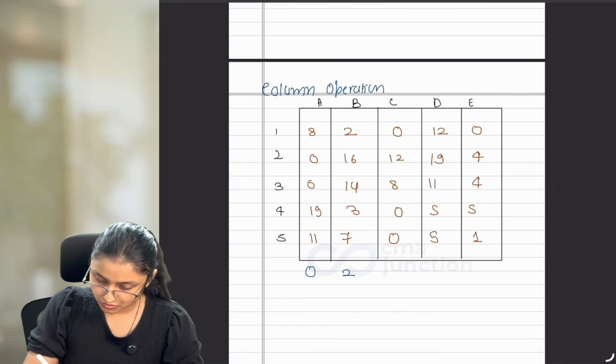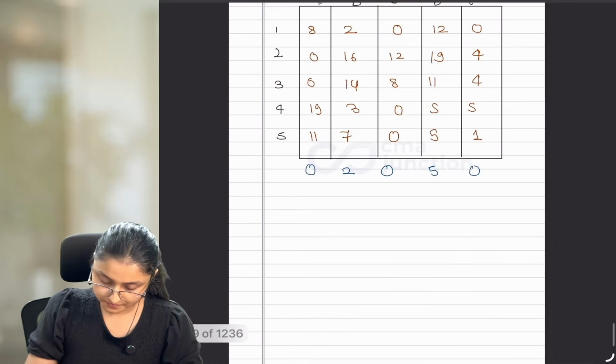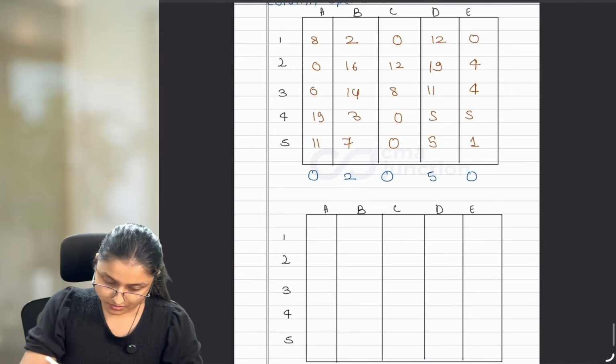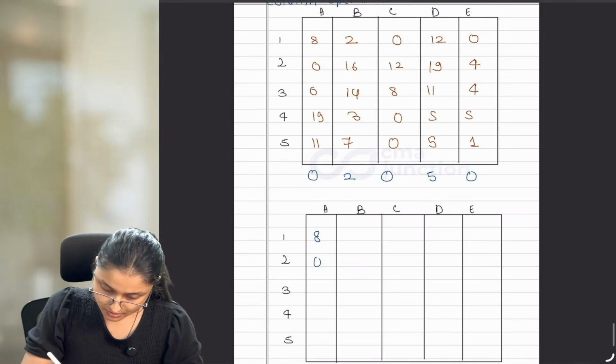Zero, 2, 0, 5, 0. Now, so 8, 0, 0, 19, 11.